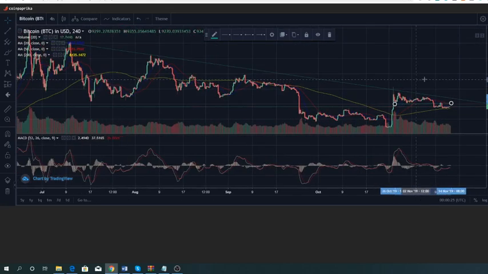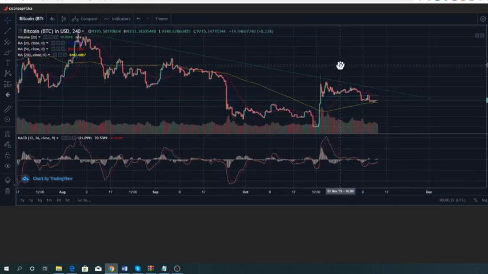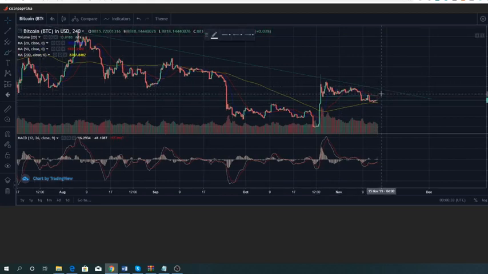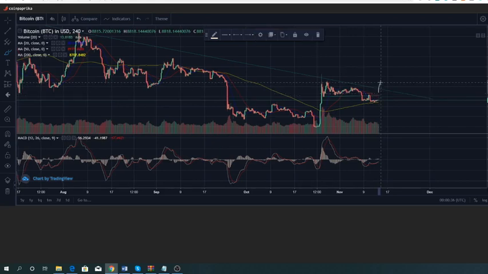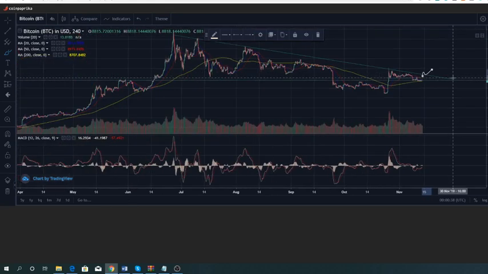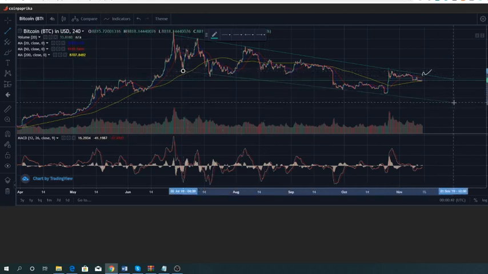upside. And if you are looking into Bitcoin to buy in, I'll say you can actually trade this market, it's okay, but with a bit of caution. Say you're buying the breakout or the retest, it's okay, but at any particular point you should keep your stop losses in place, because this is crypto. You don't know when it's going to come crashing down, so you have to be prepared.